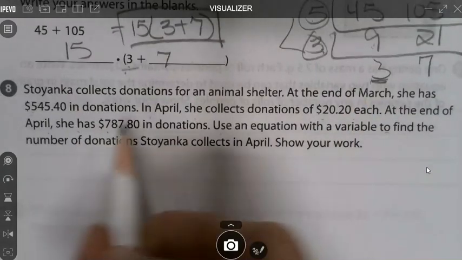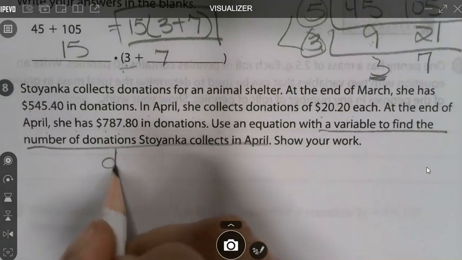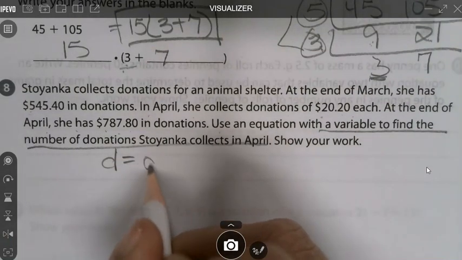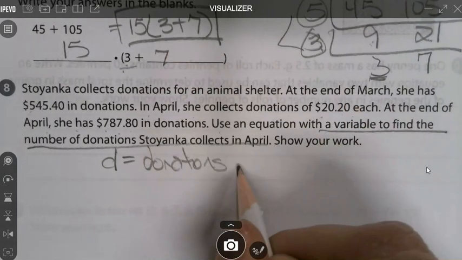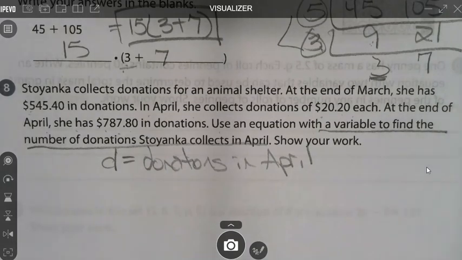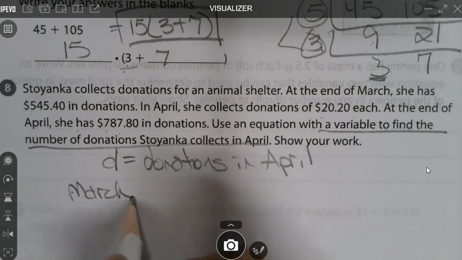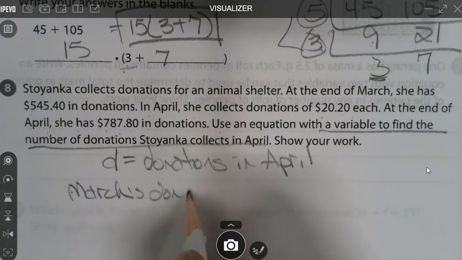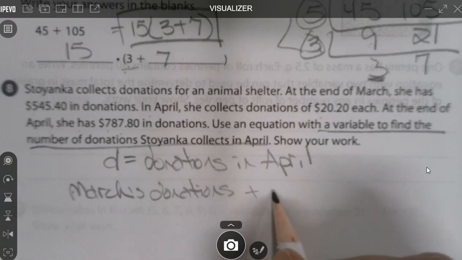So right now, I have to use a variable to find the donations in April. Okay, so let's do D equals the donations in April. And then we need March's donations, and we need to add that to how much she collected in April.